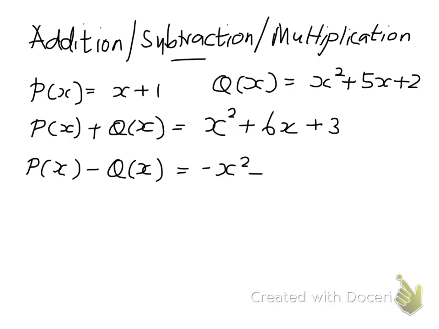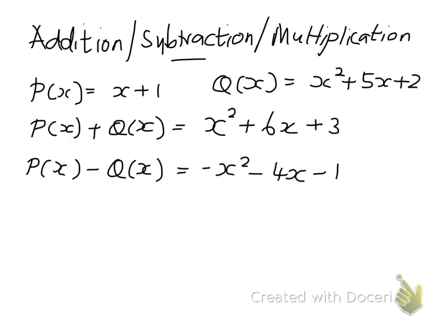It would still be negative 4x. And the constant term is -1. So when you subtract every single one of them, it means x plus 1 minus x squared minus 5x minus 2. That's how it goes.